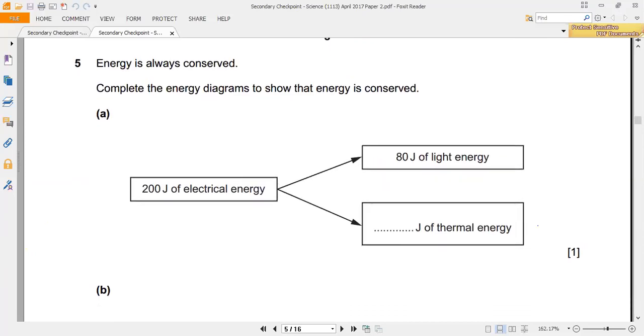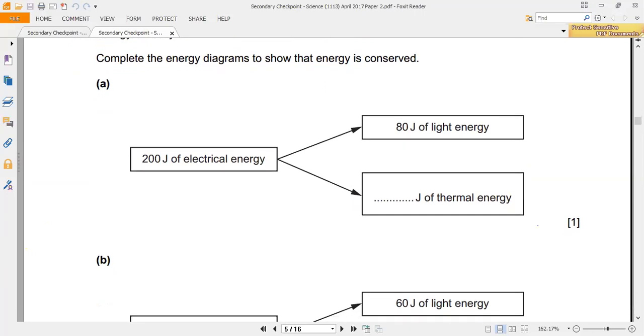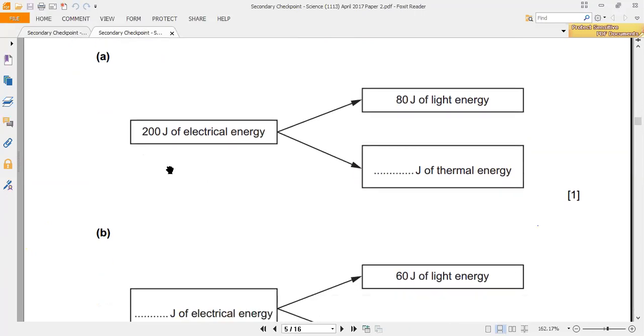Question number 5. Energy is always conserved. Complete the energy diagram to show that energy is conserved. Number A, out of 1. Here we have 200, 80 is for the light energy and the remaining for the thermal. How can we obtain this?